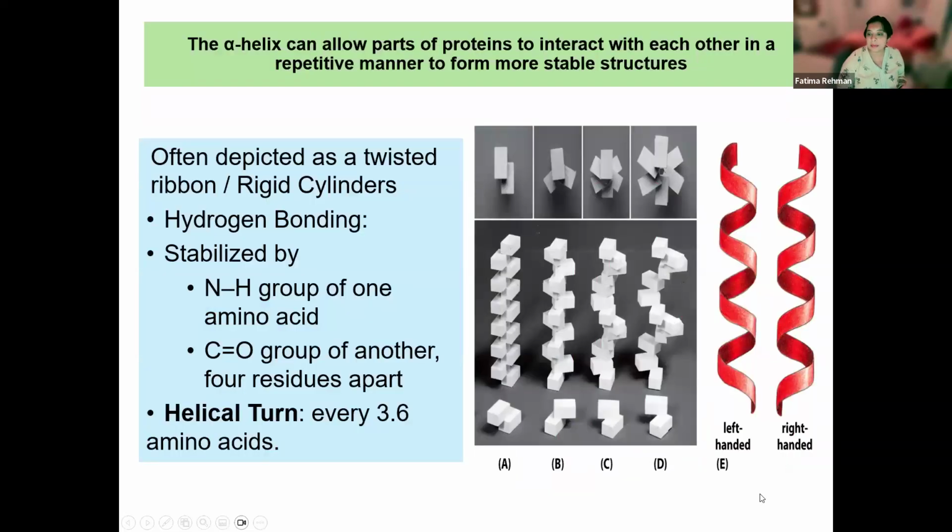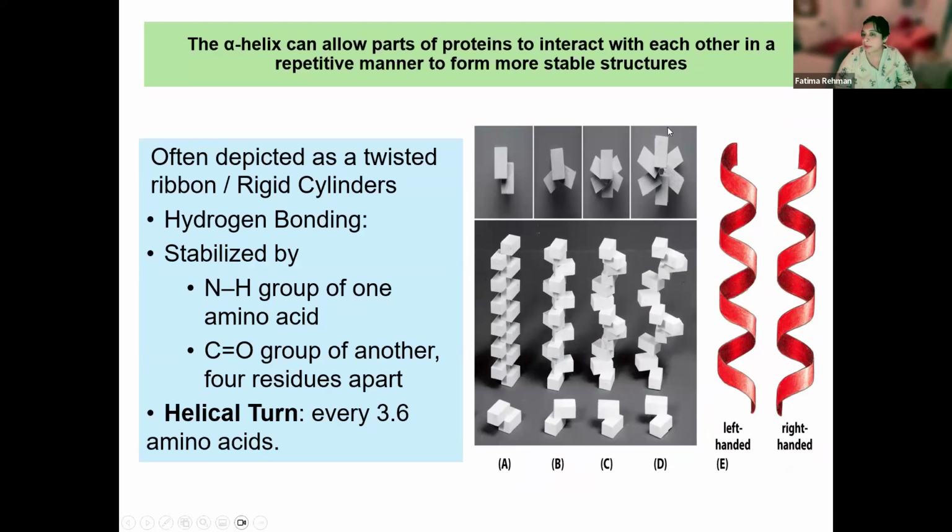Now, these can be left-handed or right-handed helices. It's going to depend on where those proteins are, where the R groups are, how they're twisting based on the other structures around it. And they can be complex or simple. If you have a single pass, you're just going to get a single coil, and it could be left or right-handed.